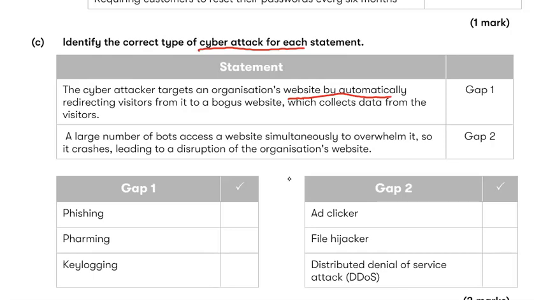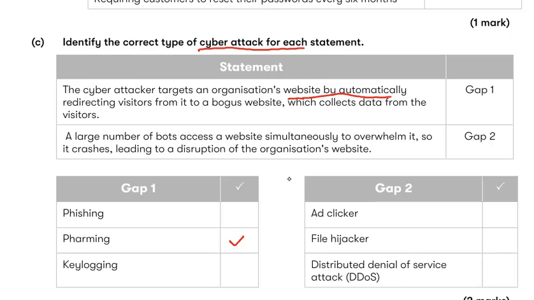So in this case: phishing, pharming, or keylogging. If you have studied the chapter related to technology, it refers to the risk of pharming. In this case, the hacker directs your data to their own bogus website. So this form of cyber attack is called pharming.